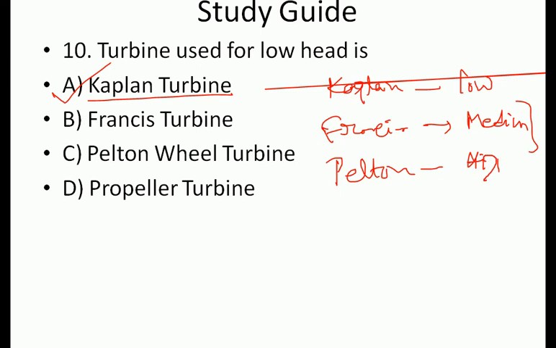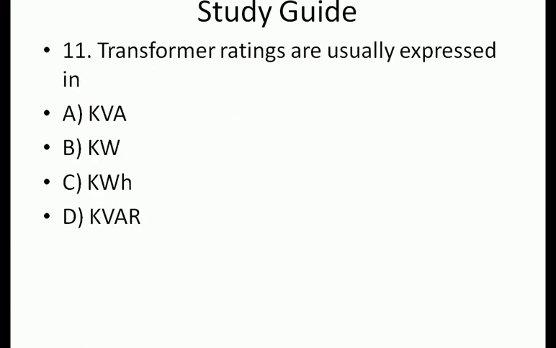Okay, so Francis has a long range, so generally Francis turbines are used too much, and Francis turbines are used widely. If I think about the choice of application, the Francis is wide. Okay, let us move to the next question.